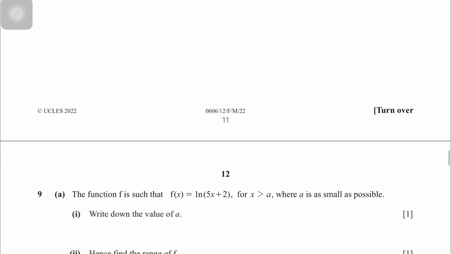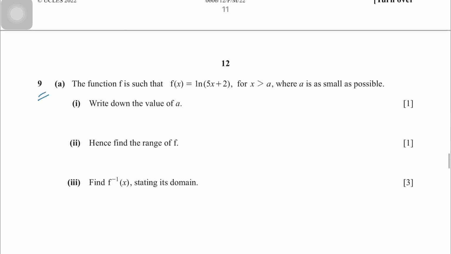Now moving on, we have our question 9, where part a is given as: the function f is such that f of x is ln of 5x plus 2, for x greater than a, where a is as small as possible. Write down the value of a. So for that we need to calculate the value of x when this is 0.